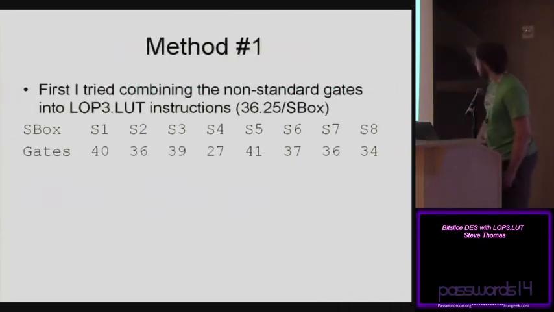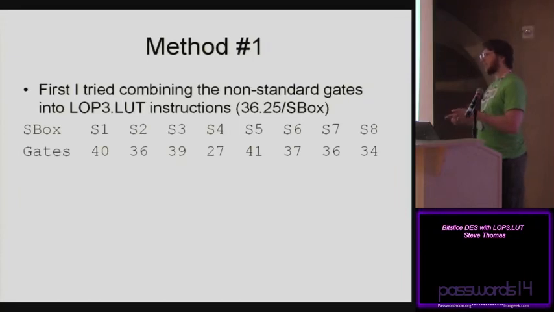So the first method that I tried, just to see how low I could get it, was taking the non-standard gates from the previous slide, all those, then combining them. Each one of those is using AND and XOR. So basically, I could combine when 3 variables are used, but the output of some of that isn't actually used later.